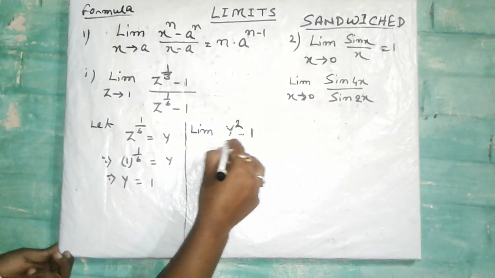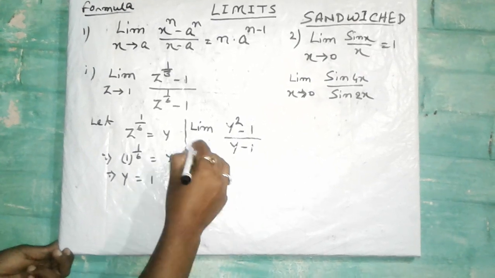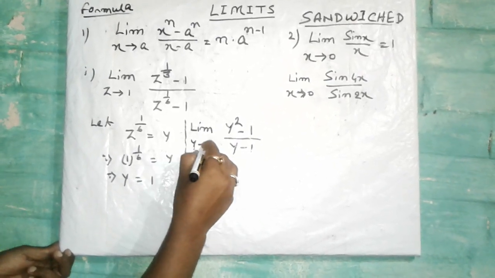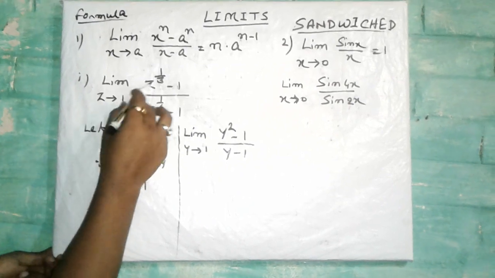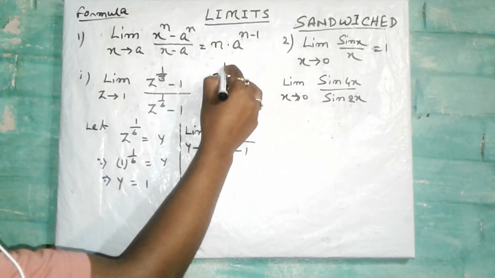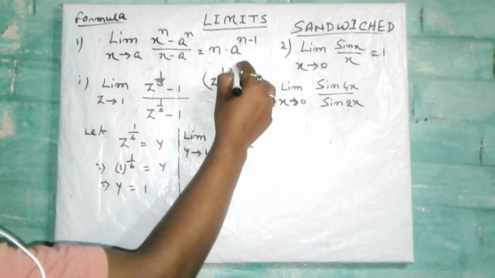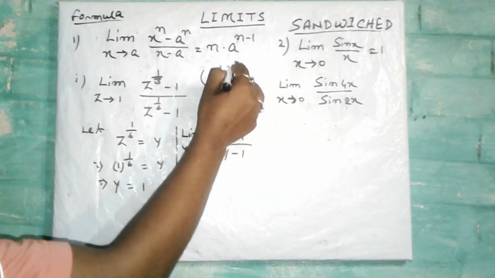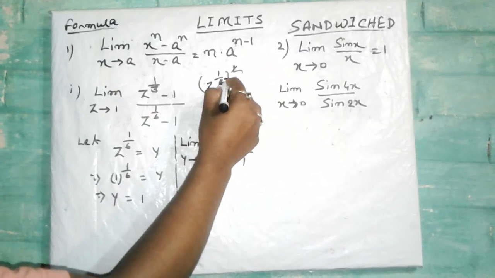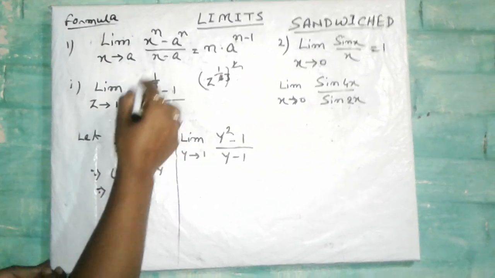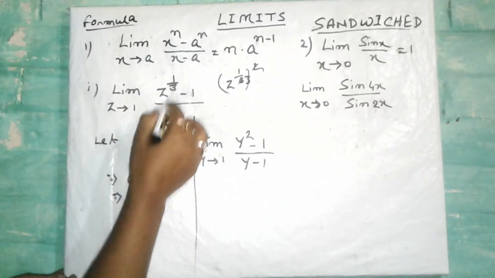Why y square? Because z to the power 1 by 6, whole square, will come z to the power 1 by 3, since 2 and 6 cancel out 3 times. So this is z to the power 1 by 3, and it is converted to this form.